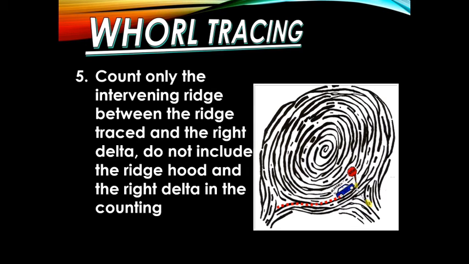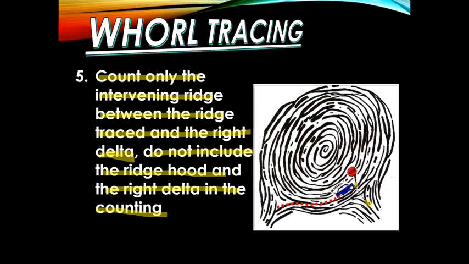Take note that you count only the intervening ridges between the ridge traced and the right delta. Do not include the ridge traced and the right delta in counting, meaning the last ridge that was used in ridge tracing and the right delta must not be included.